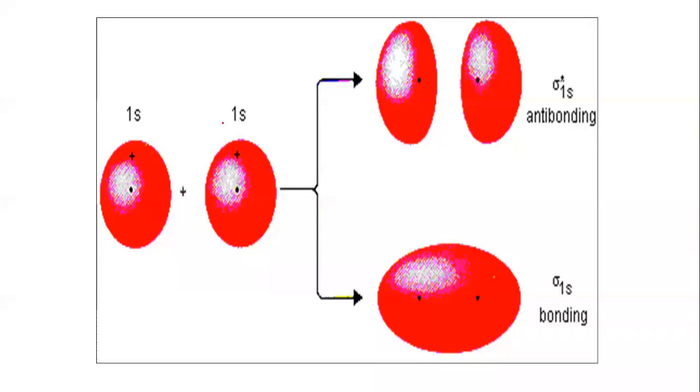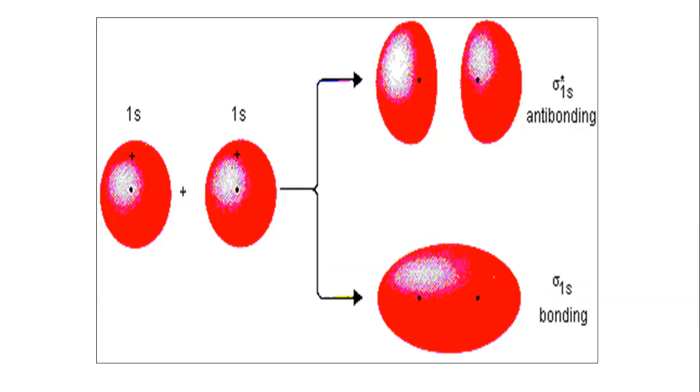Due to the overlap between 1s orbitals, the bonding molecular orbital formed is sigma 1s, and the antibonding is sigma star 1s. The bonding molecular orbital has the lower energy level and the antibonding molecular orbital has the higher energy level. So this diagram clearly shows the overlapping of the atomic orbitals and the formation of the molecular orbitals.